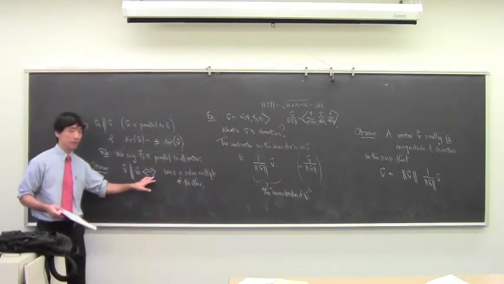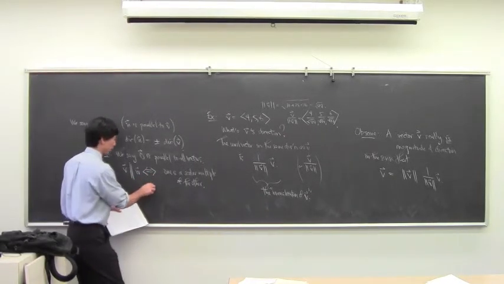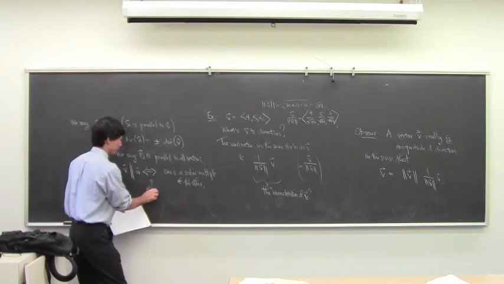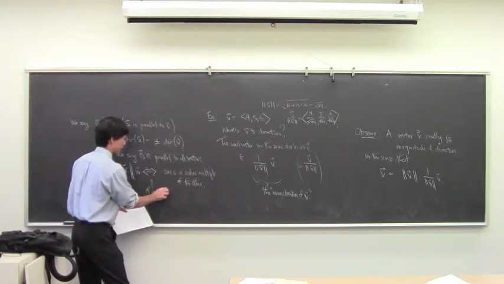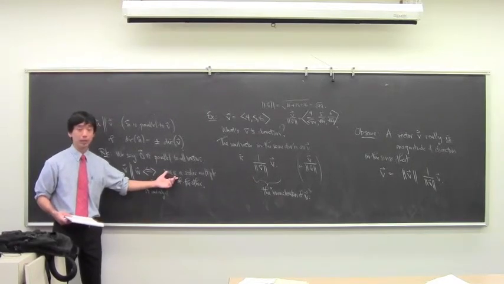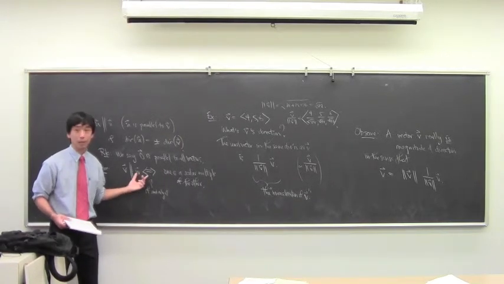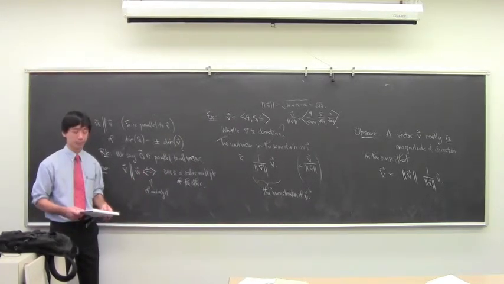This symbol means if and only if. So they're parallel if one is a multiple of the other, and if one is a multiple of the other, then they're parallel to each other. The logical implication goes both ways.